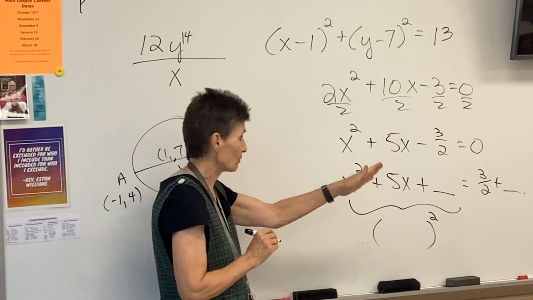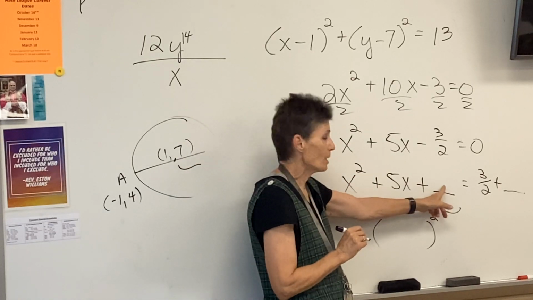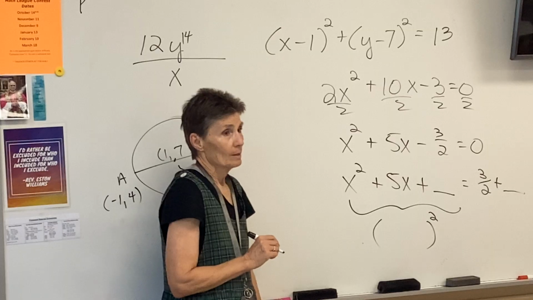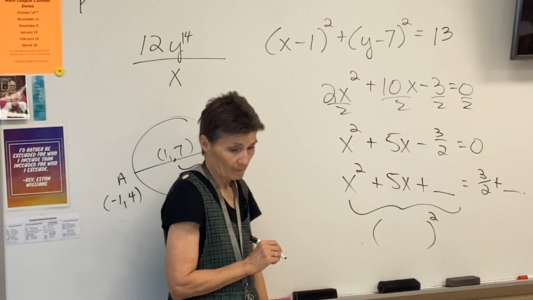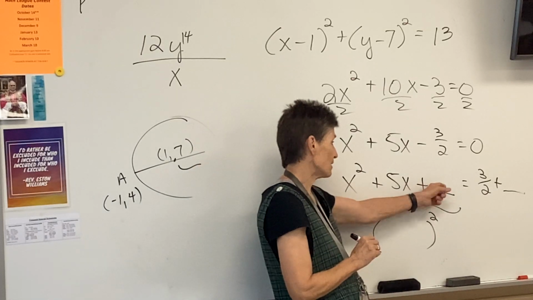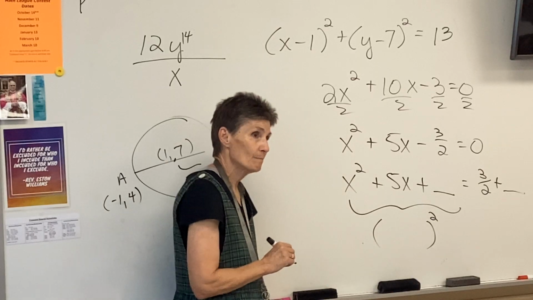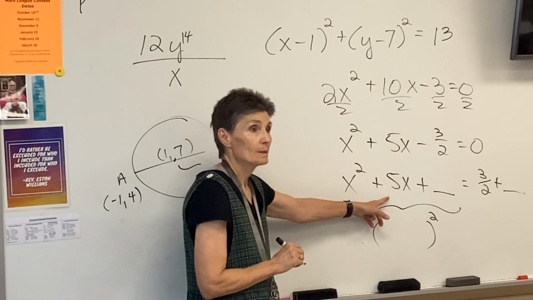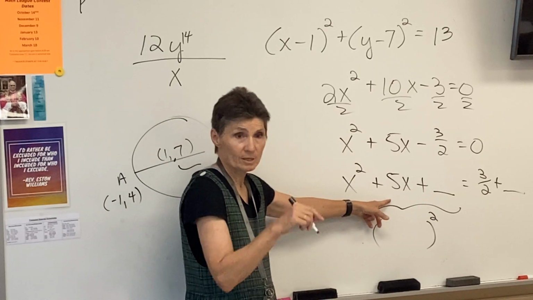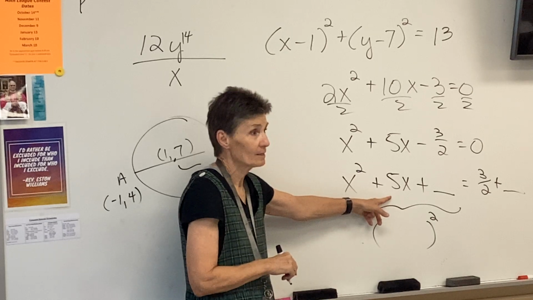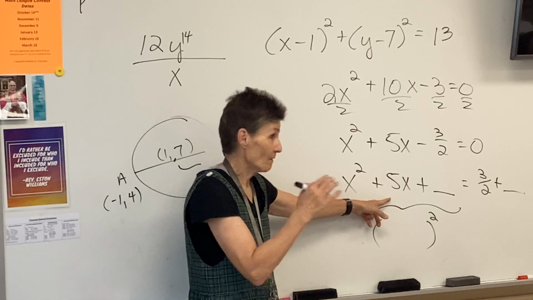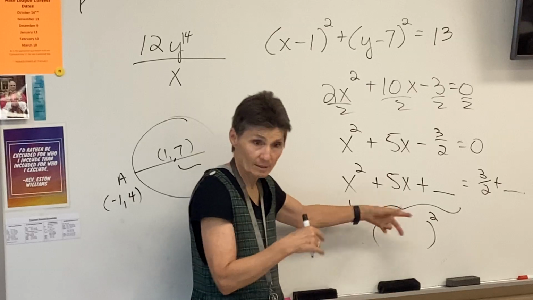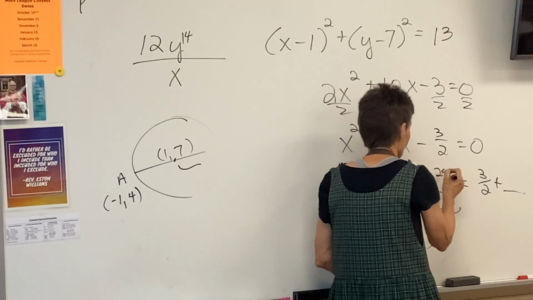So I gotta get rid of that 3/2 and come up with a new number that goes here. Chloe, do you remember how to find that new number? Take the 5x divided by 2. Exactly. Don't use the x, just the number part. So 1/2 of 5 is 5/2. Squared is 25/4.